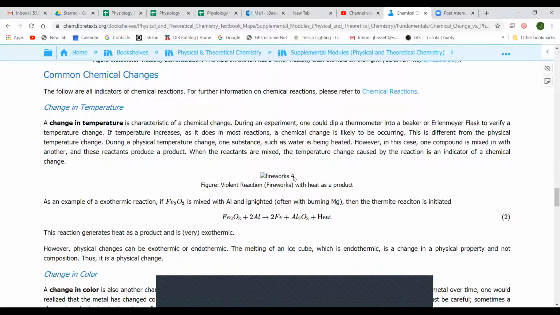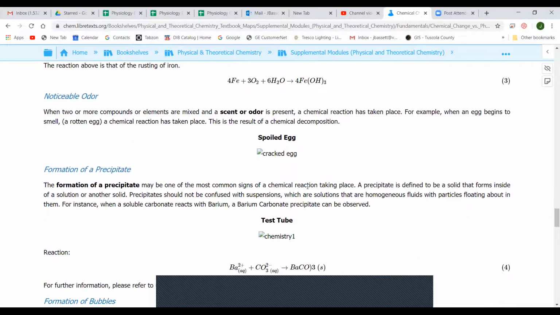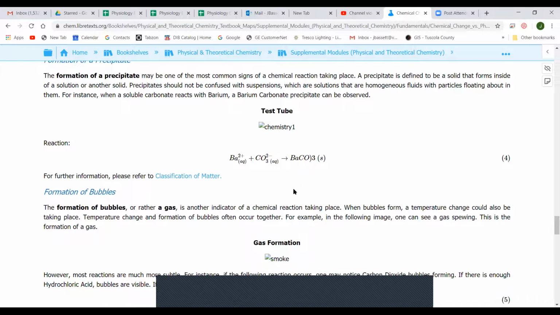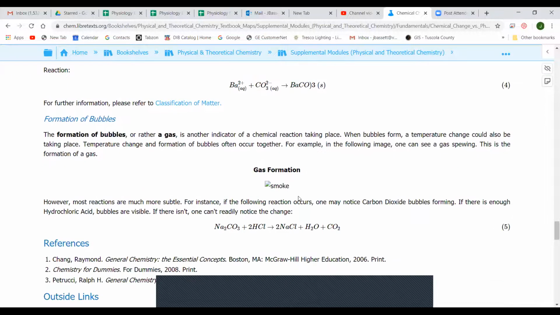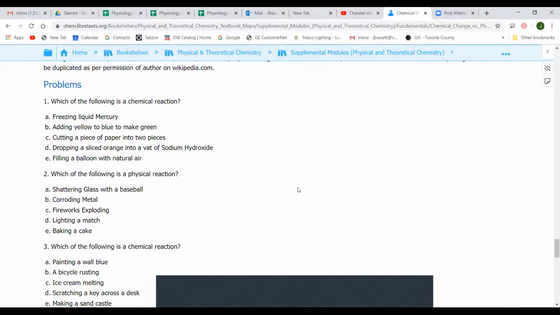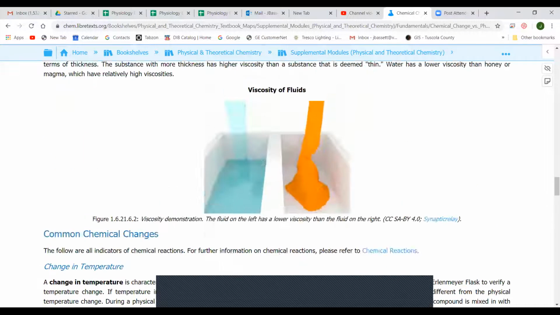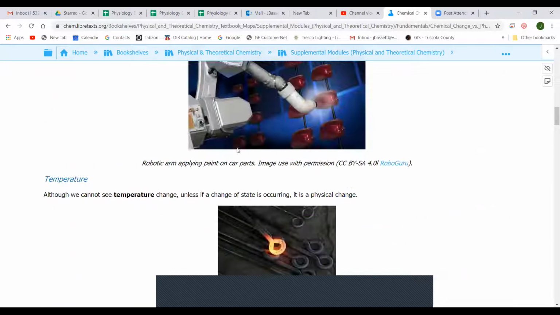Change in temperature, fireworks, we talked about that. Changes in color, barium carbonate, right there. That's the experiment that you saw with the yellow. Formation of bubbles. All of this stuff I'm going to attach to your Shobi account so that you can look at all this, because this is very interesting.